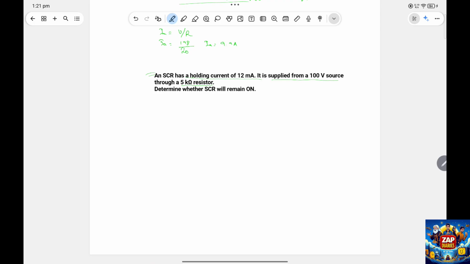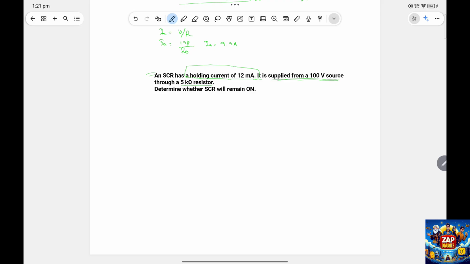For this, first we have to find the current. We have from the question the holding current, that is 12 milliamps, and we have to find the current that is supplied from the source.